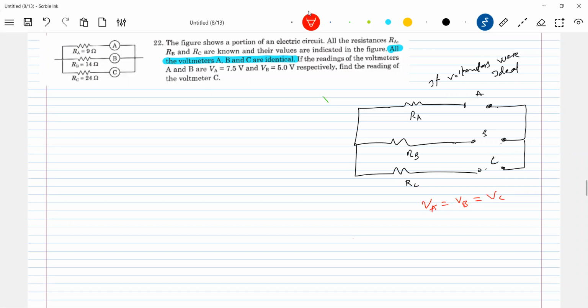If an ammeter, short circuit. Then is it possible that the drop across these 2 points equals the drop across these 2 points? Because no current will flow in this branch. If you write KVL, then this drop must be equal to this drop. You have to really take help of the basic things.